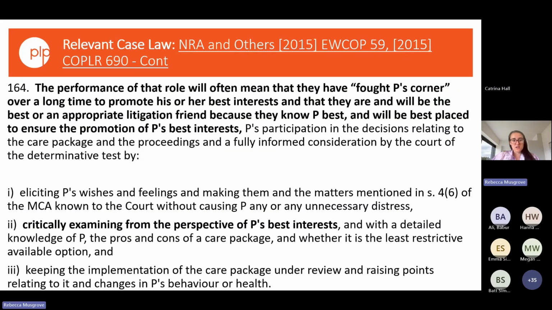I think some family members will be very well equipped to do those things, but for some, they might find it quite overwhelming, the volume of instructions or information that's actually needed from them.